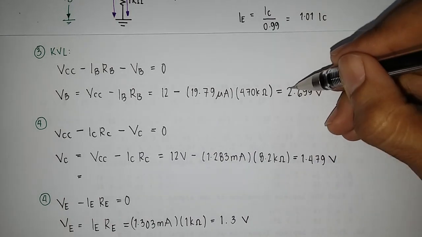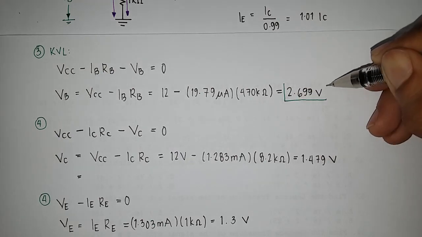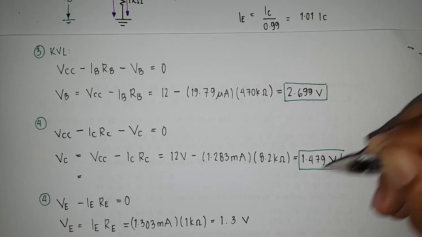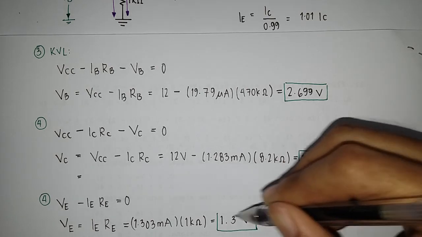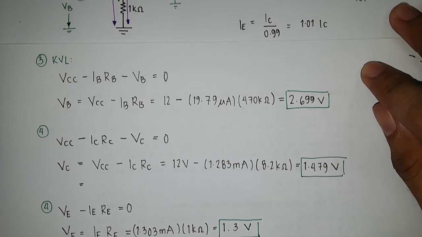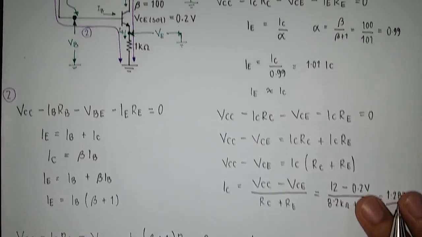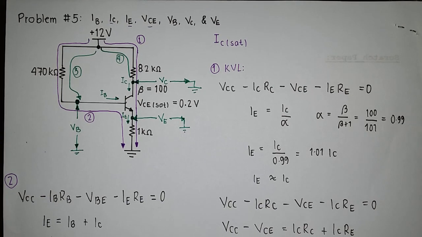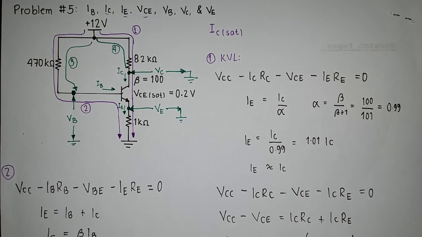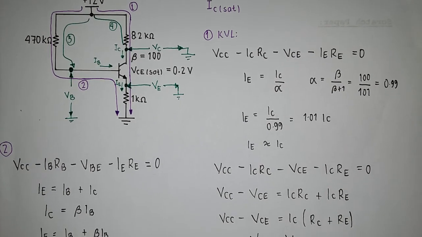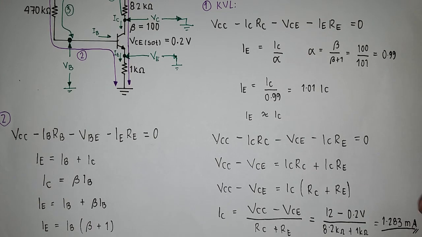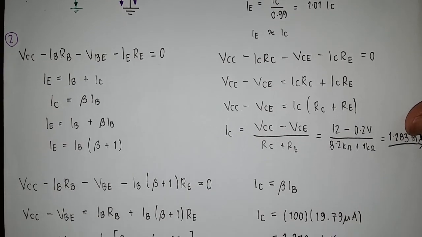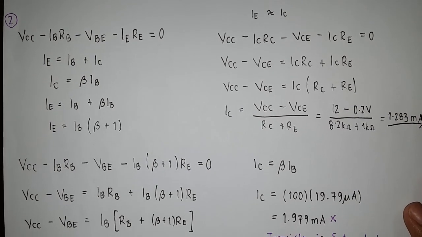Okay, so ang VB natin, the base voltage, is 2.699 volts. VC is 1.479 volts. And VE is 1.3 volts. Okay, so summarize lang natin. Hinanap yung IB, IC, IE, VCE, VB, VC, and VE.